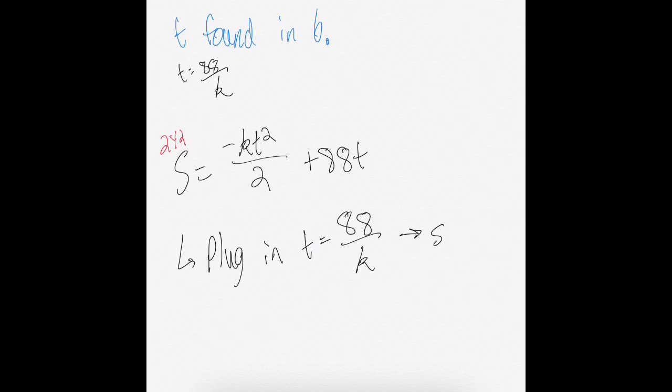How do I want to write this? You will replace s here. We want s to be 242, so write 242 equals all of this stuff. And then plug in t equals 88 over k, and then you just solve for k.